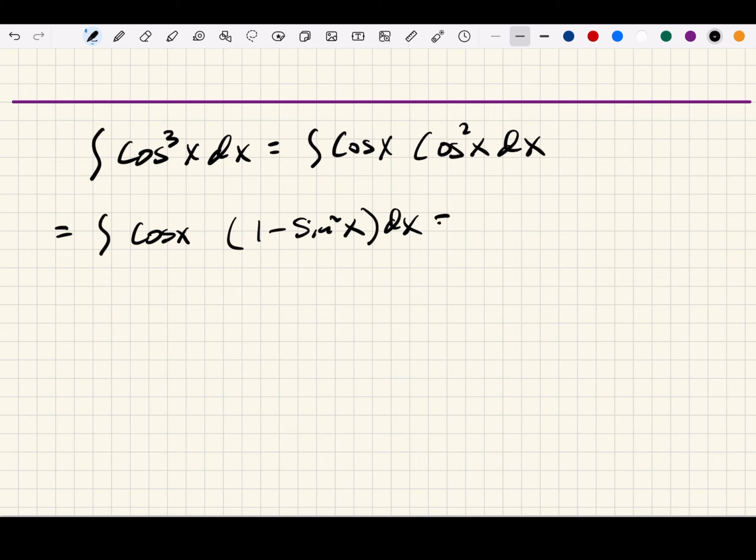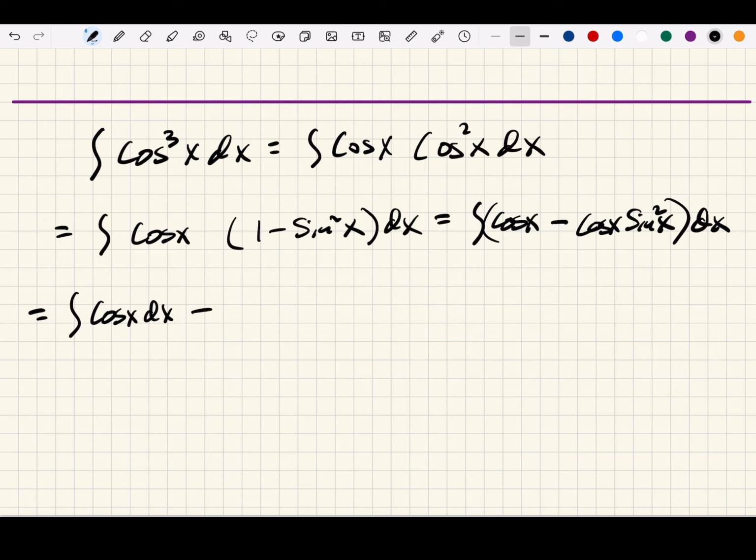Now I would have the integral of cosine x minus cosine x sine squared x dx. And I could make two integrals out of that: the integral of cosine x dx minus the integral of sine squared x cosine x dx. Now I think we can integrate that.